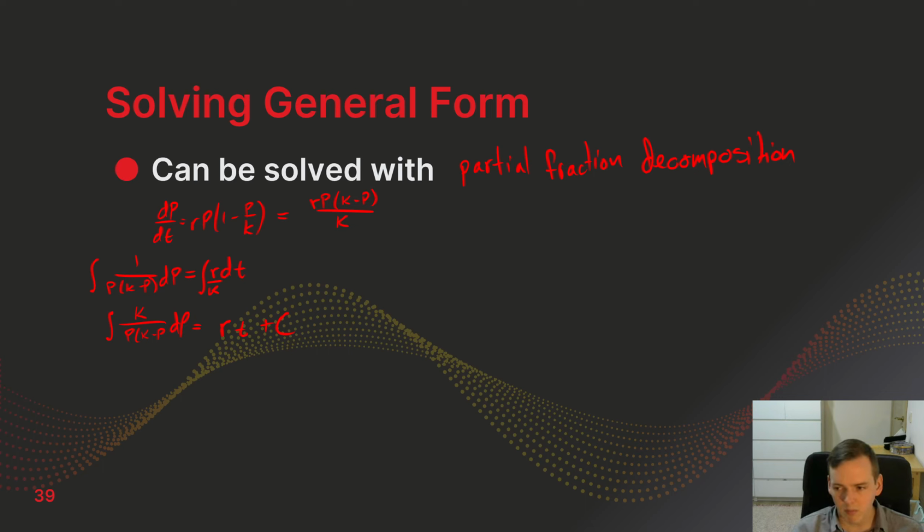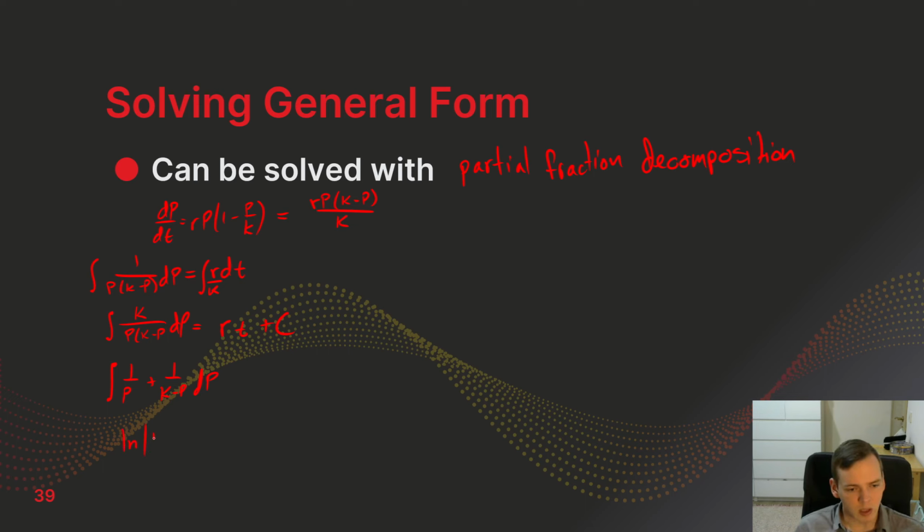Using partial fraction decomposition, and you can verify this yourself if you wish, we end up with the expression, the integral of 1 over P plus 1 over K minus P. Again, you can go check that yourself if you wish. That's just from partial fraction decomposition.